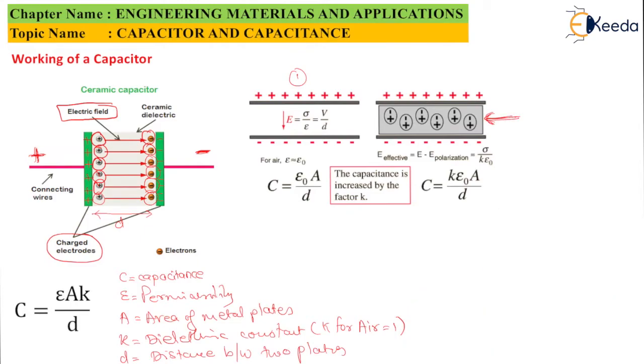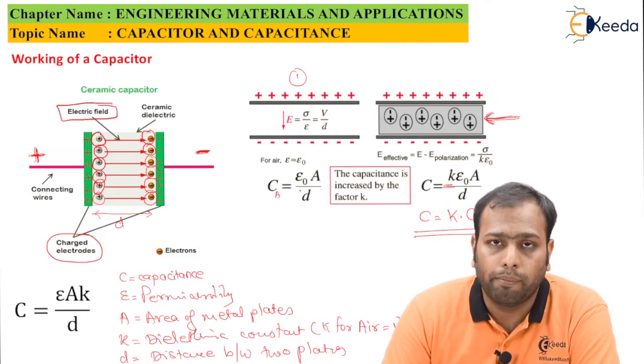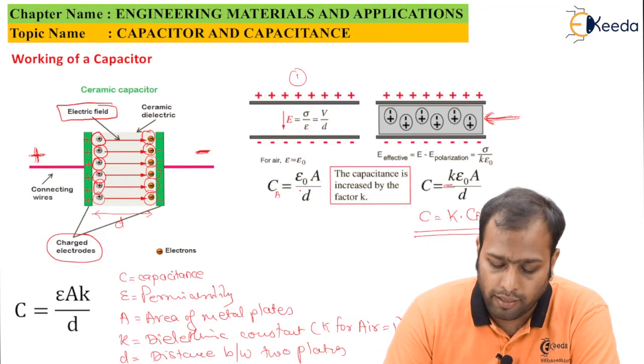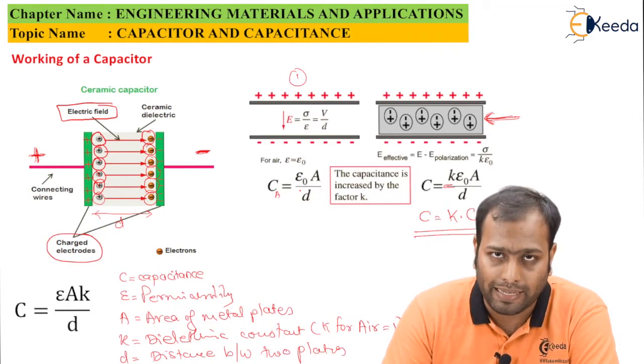This increases my capacitance by a factor of K. As you can see here, C is equal to epsilon 0 A by D. If I call this C0, then here this C becomes equal to K times C0. So having a dielectric material introduced between the plates increases the capacitance.